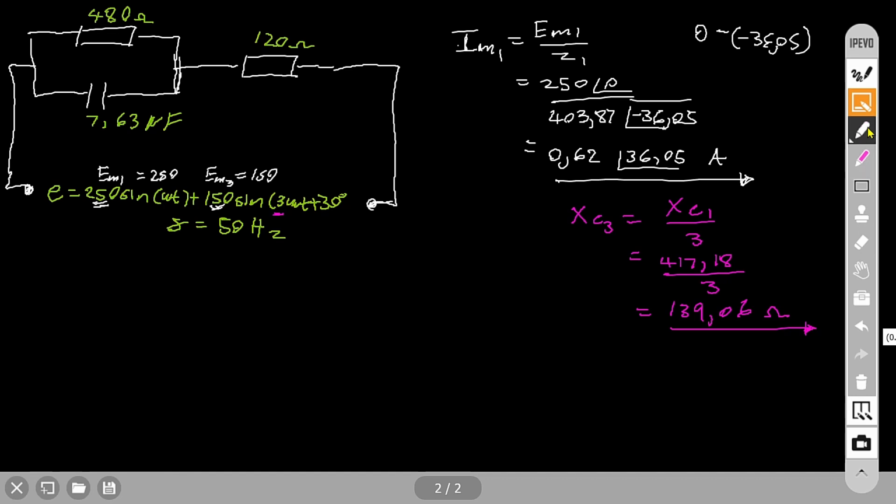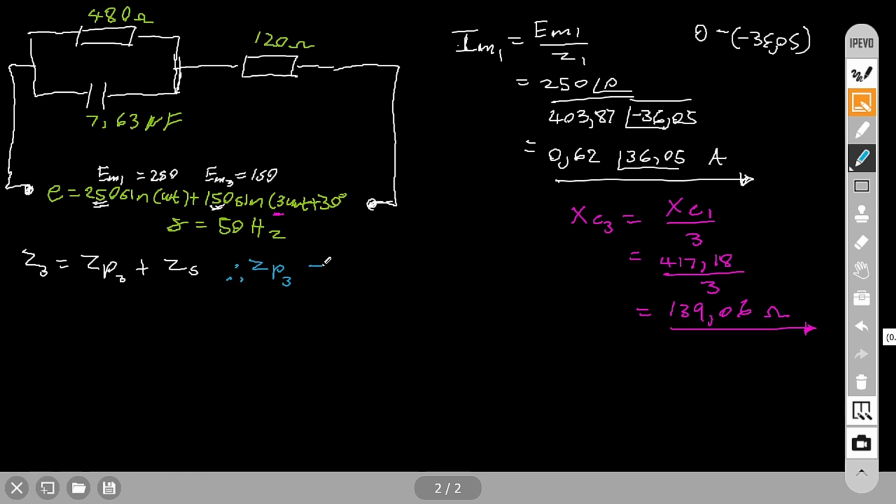So now we are going to find, remember, our Z3 is equal to Z parallel 3 plus ZS. Remember, first we were focusing on the fundamental, which is Z parallel 1, now Z parallel 3. How can we find Z parallel 3?